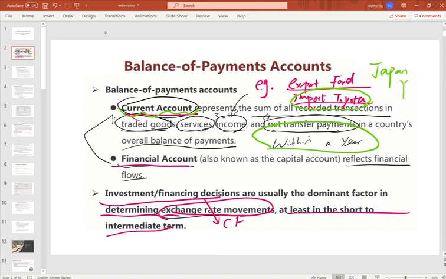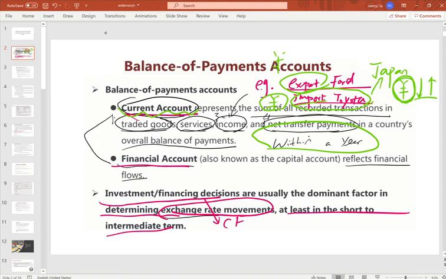They will pay you yen because you also import cars from them. So you will use the yen you receive to pay for the Toyota you import from Japan. So the yen received from the export will also be spent on the import. The yen will first come in and then go out, so the remaining balance will be reflected in our current account.